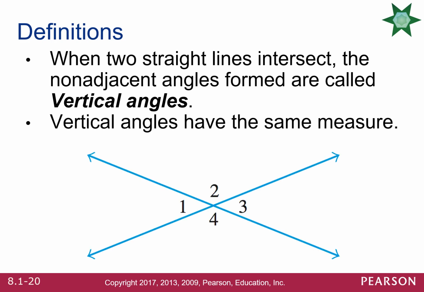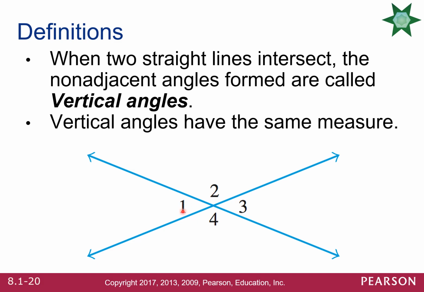Now, a few more facts about angles. When two straight lines intersect, the non-adjacent angles formed are called vertical angles. All right. So over here in the diagram, we see two lines intersecting each other, and they form four angles, 1, 2, 3, 4.